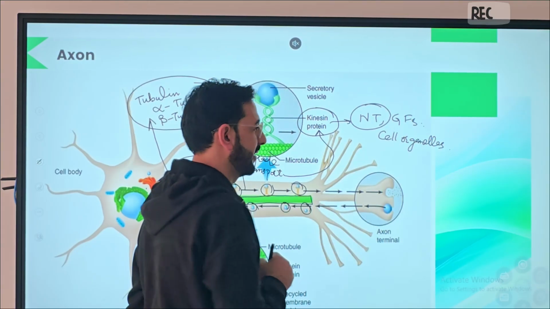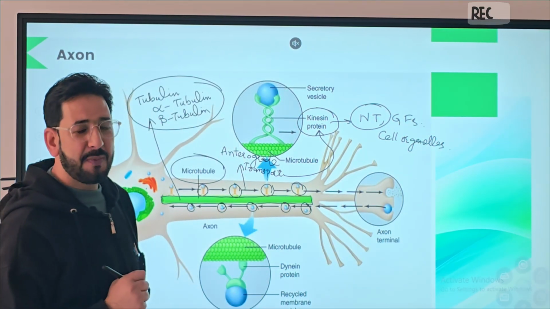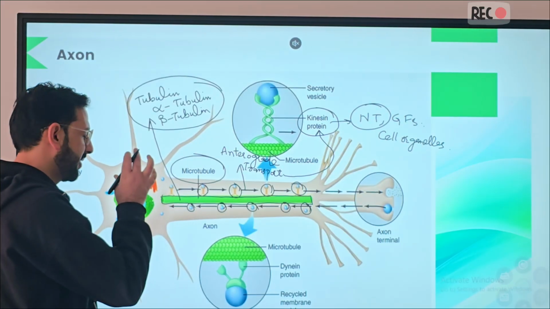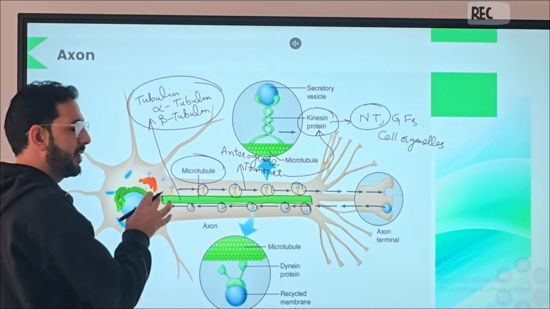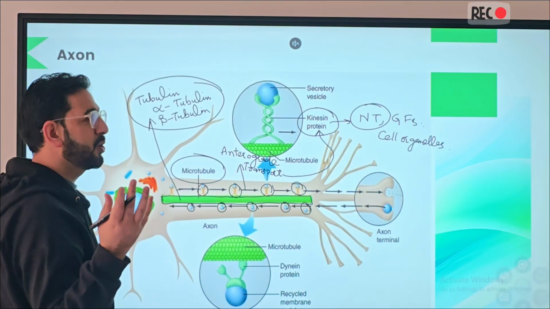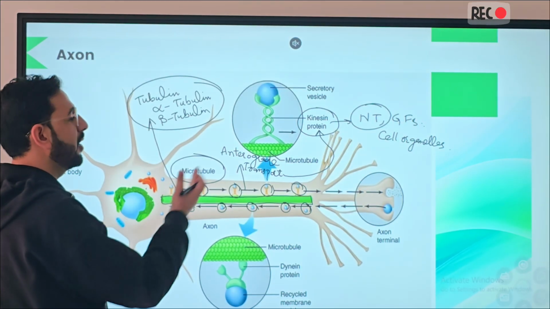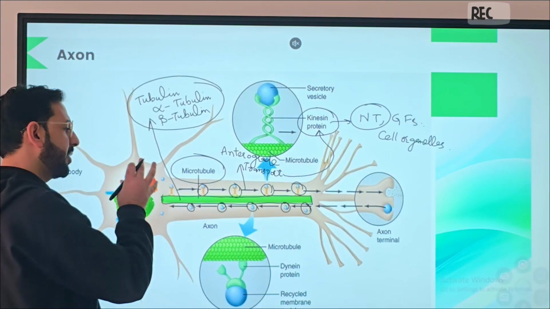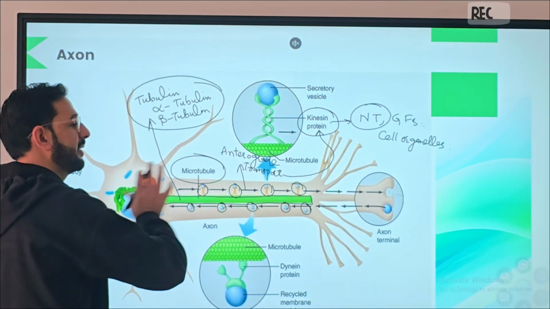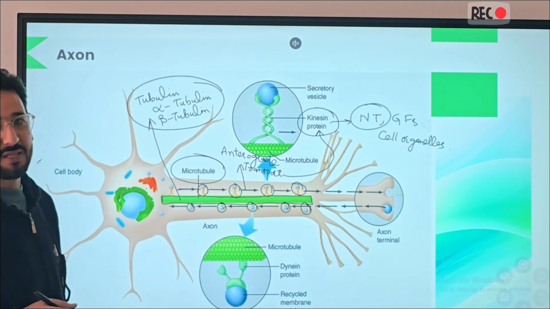For example, I have to transport the mitochondria from the cell body to the axon terminal, because I've already told you, we need to generate energy all along the neuron. That is also done by the kinesin protein.